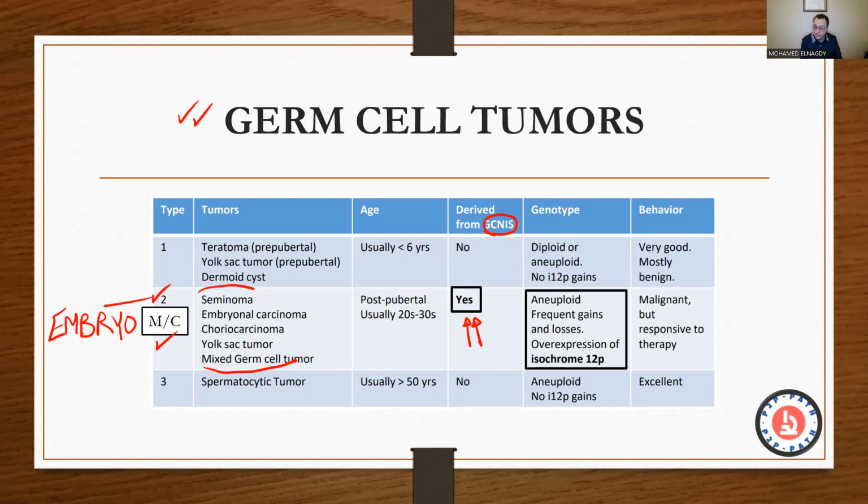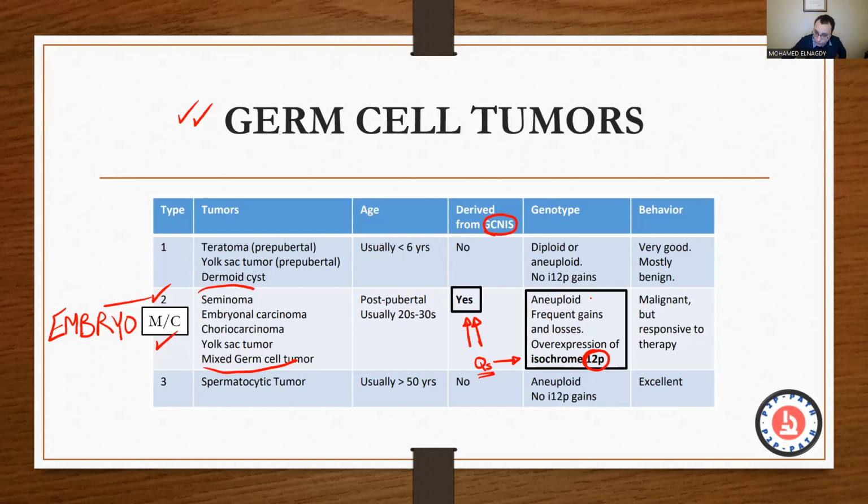Type 2 is the most common, and type 2 is associated with isochromosome 12p. This is a commonly asked fact in the questions in the Q banks. They ask about this isochromosome 12p.